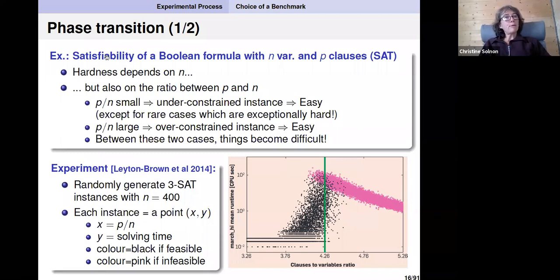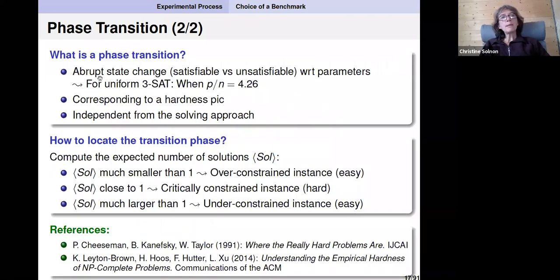So more generally, what is a phase transition? This is an abrupt state change from satisfiable instances to unsatisfiable instances. And this change is observed when we change the value of some parameters, which depend on the problem we want to solve. For SAT, these parameters are the ratio between the number of clauses and the number of variables, and the state change occurs when this ratio is equal to 4.26.